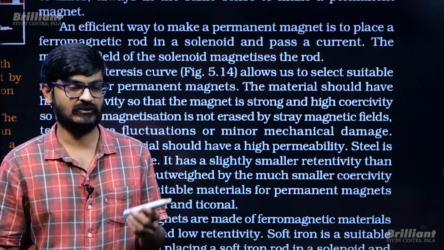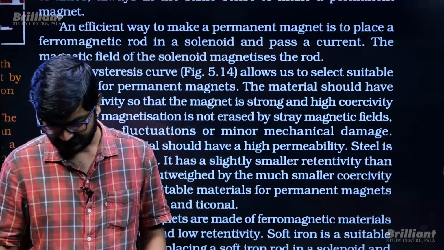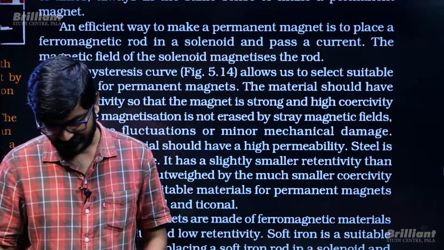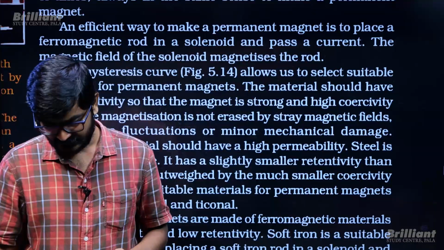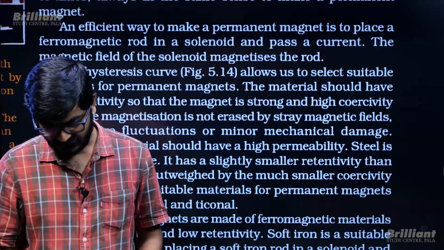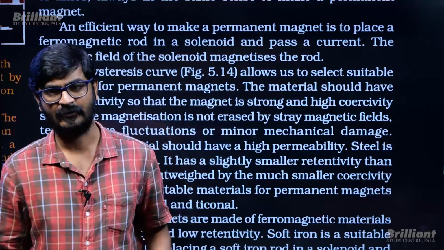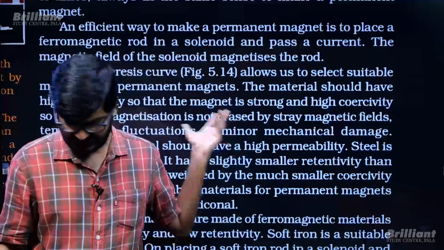That also makes sense because the more the permeability, the more will be the extra magnetic field generated. Steel is one favored choice. It has slightly smaller retentivity than soft iron, but that is outweighed by the much smaller coercivity of soft iron. So again, we'll be looking at an optimized thing, right? Other suitable materials for permanent magnets are given there.